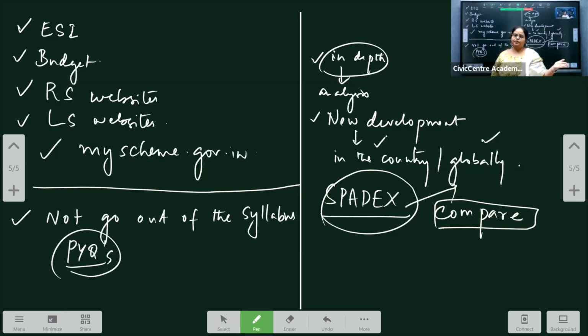Is it asked as a previous theme, or is it comparing two different countries, right? So what kind of questions are being asked? Can I compare states? Can I compare state to the country, or can I compare country to country? Is it relevant? So for you to understand all these comparisons, you will have to understand what has to be done. For that, PYQs are very helpful.